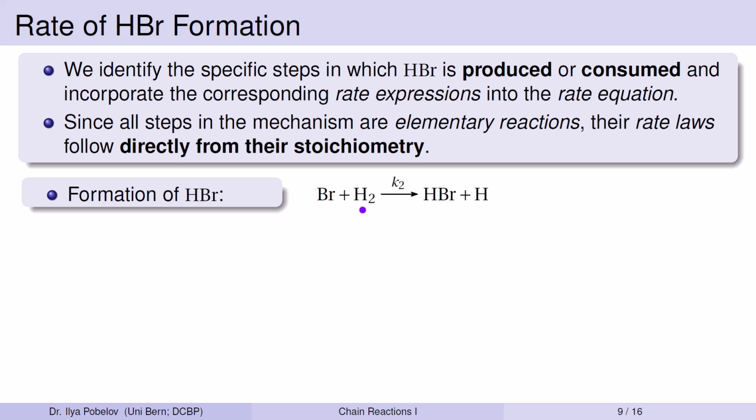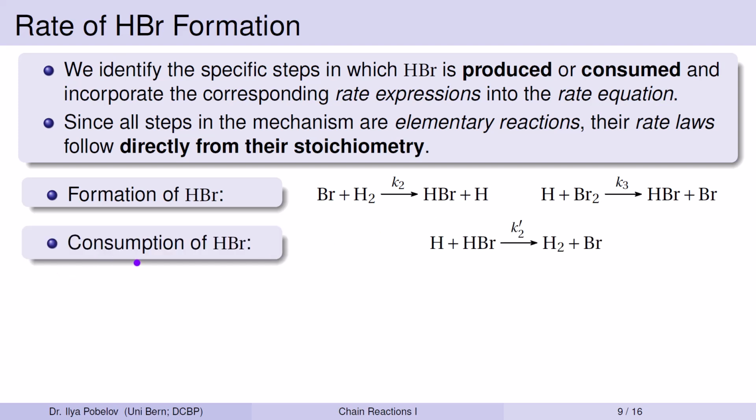Reaction 2. The reaction of a bromine radical with a hydrogen molecule, producing hydrogen bromide and a hydrogen radical. Reaction 3. The reaction of a hydrogen radical with a bromine molecule, producing hydrogen bromide and a bromine radical.